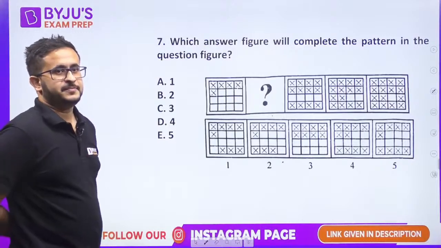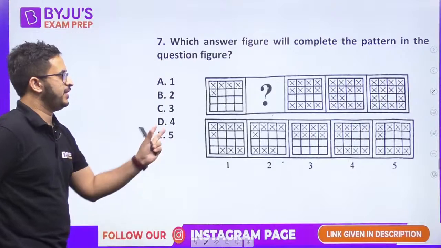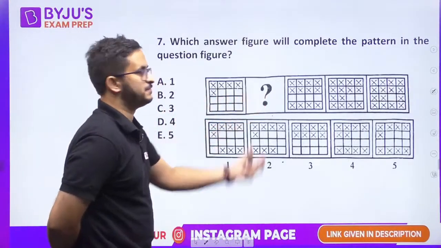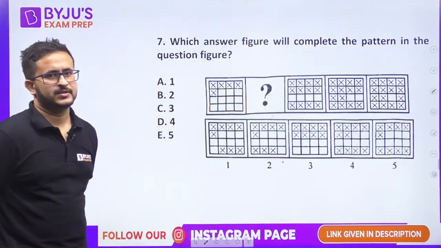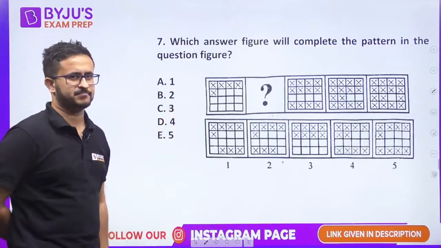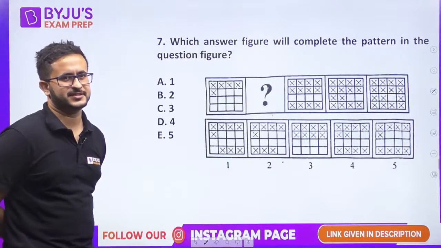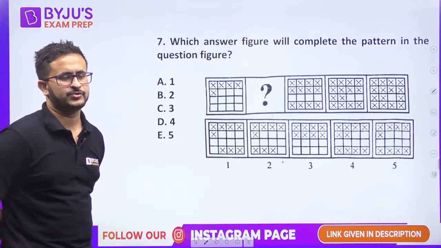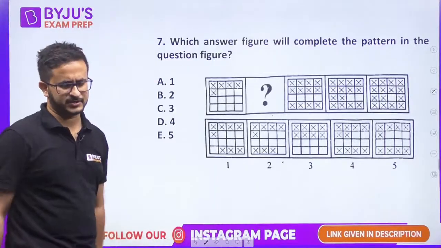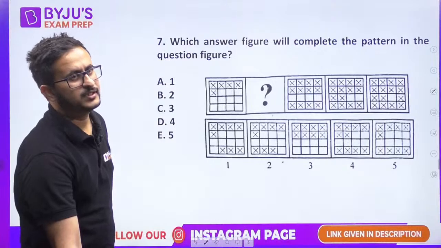All right, now this is pattern completion. Or rather, a series is given to us, and we have to fill in what will come in this place. A series of 5 images, one term is missing. Instead of a number series you have an image series. So that is another variety of question, series questions, very popular in abstract reasoning.